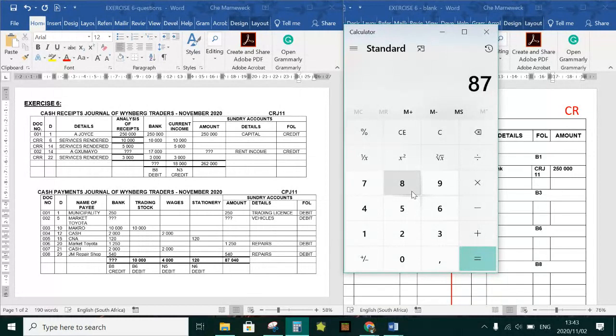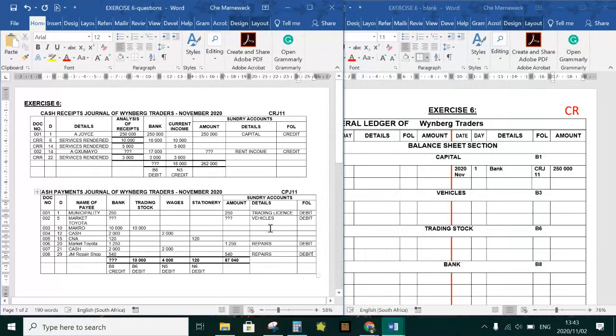So 87,040 minus 540 minus 1250 minus 250 equals 85,000. So vehicles is 85,000.